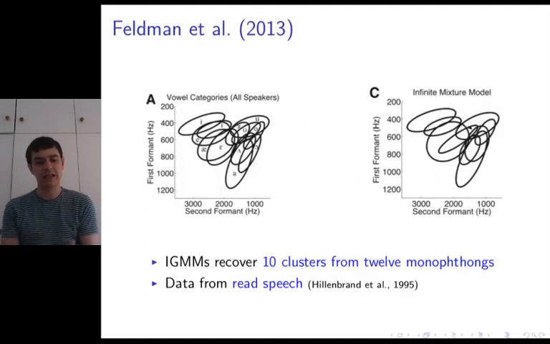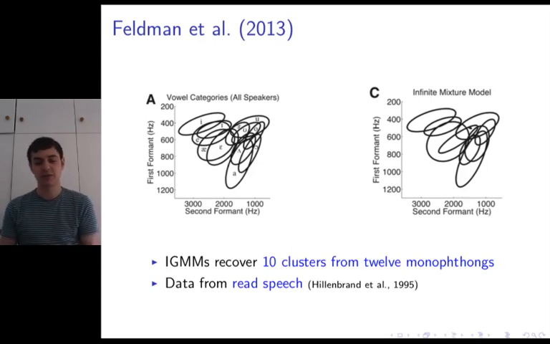So if we see the results of an infinite Gaussian mixture model here from Feldman et al. 2013, what we see is that these models recover 12 clusters from the 12 monophthongs that they are exposed to. There are some distinctions, most notably that between a and e, that are not identified by the model. And one thing I'm going to highlight here is that these are models that are trained on read speech.